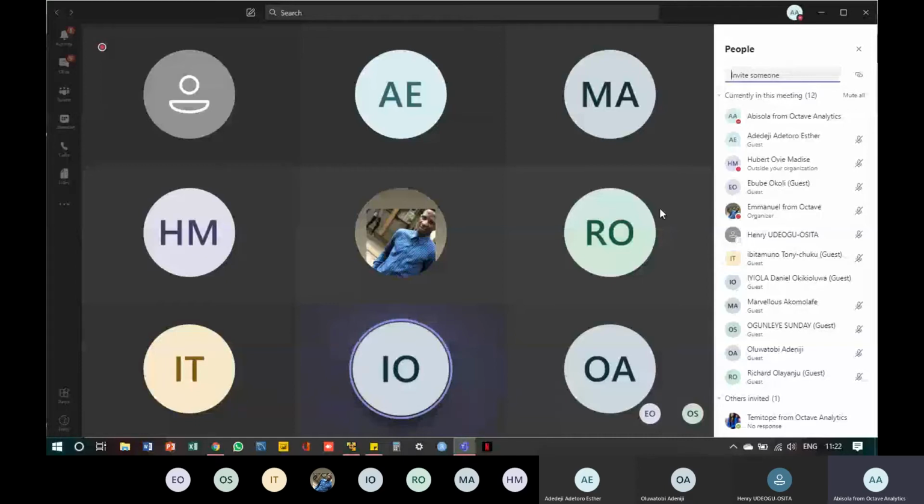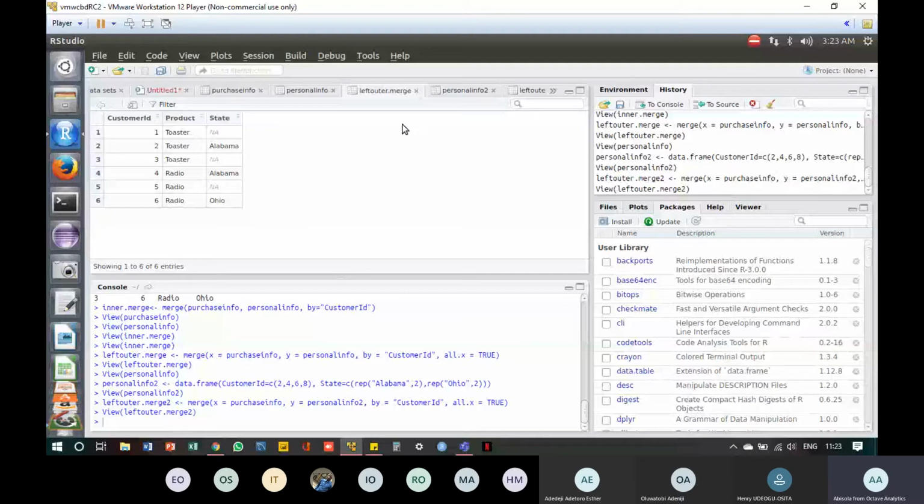It just joins based on customer ID. Even if you had 10 columns here, whatever is present in the other table is what will be joined based on this customer ID. So the only place to focus on is the customer ID, which is the joining column, the column you are joining on, the common column to both data frames.